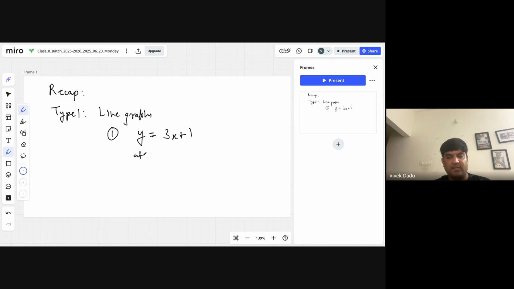You take at x equal to 0, y equal to 1. So 0, 1. At y equal to 0, x is minus 1 by 3. So you have minus 1 by 3, 0.